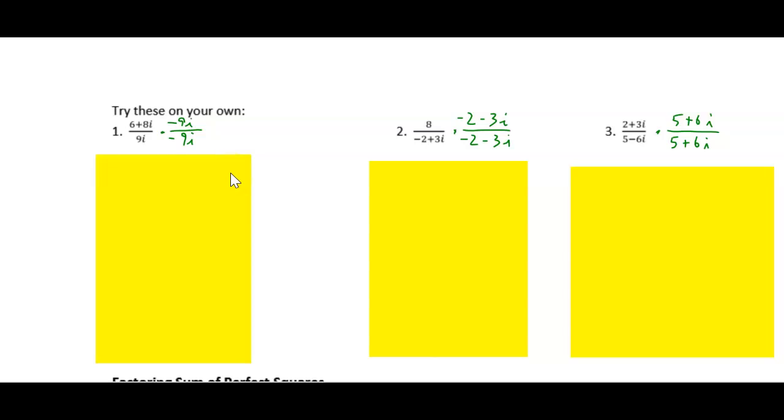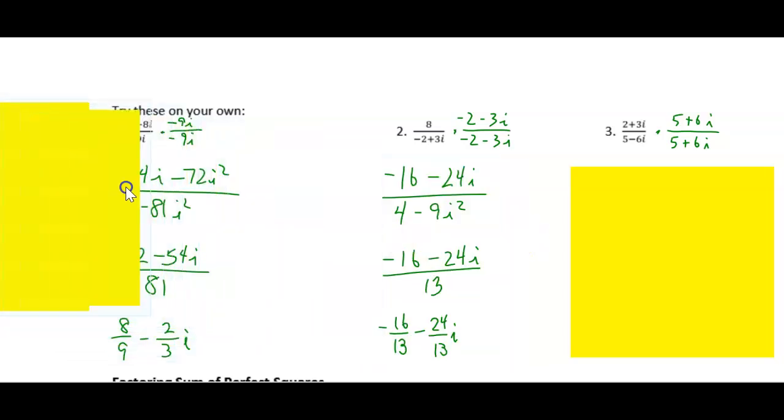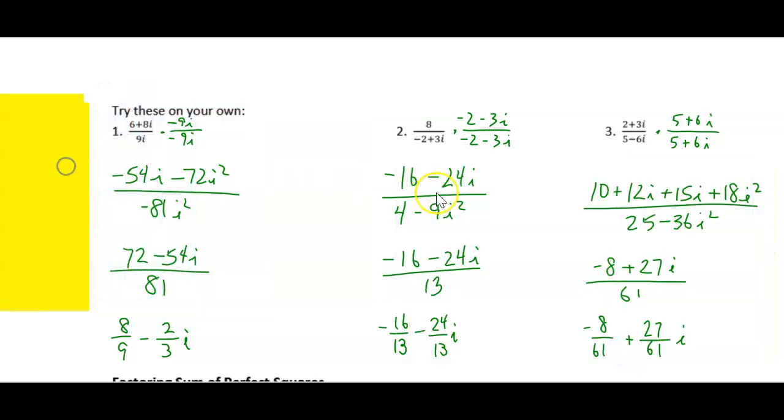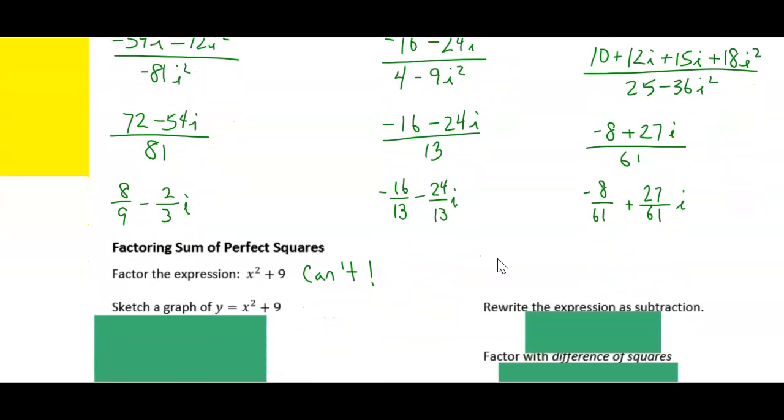So pause and try them, and I will reveal these so you can check them. All right, make a note of any that you had different and try to follow the path, see if you can figure out where it might have gone wrong if it did, and make a fix.